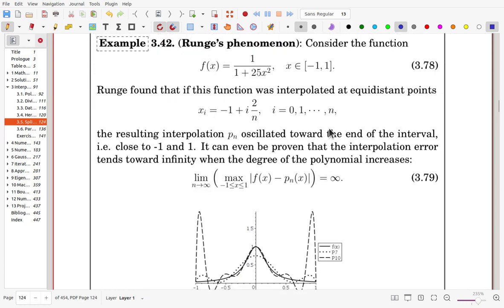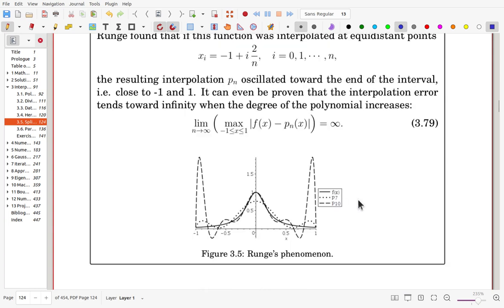Then the interpolating polynomial passing through these points will diverge: f(x) minus pn(x), the nth order polynomial, the maximum value approaches infinity as n grows.